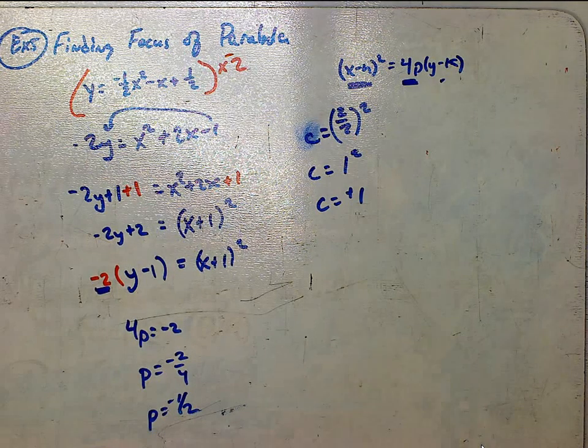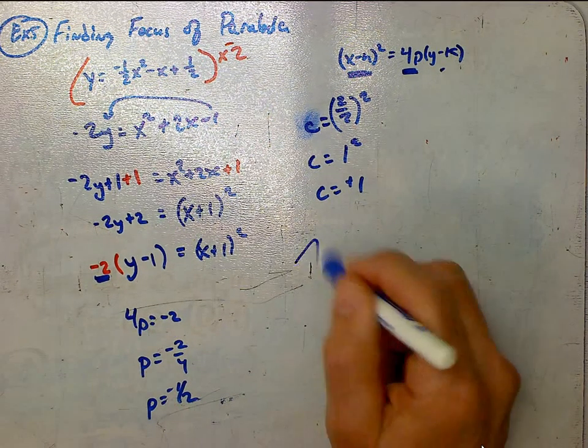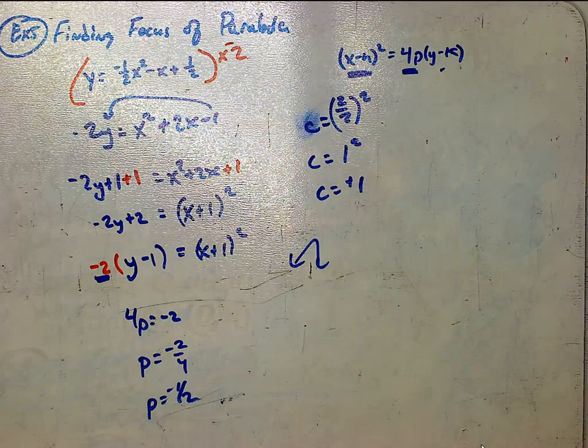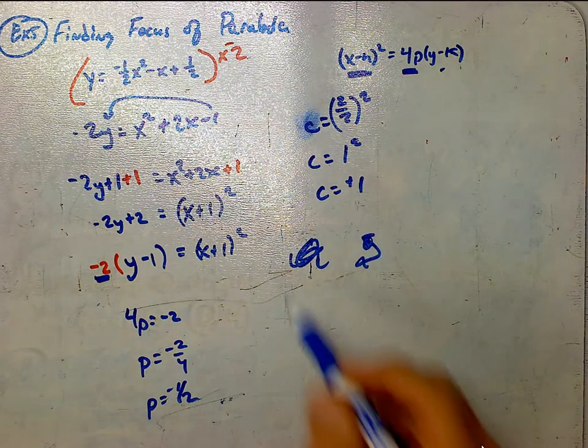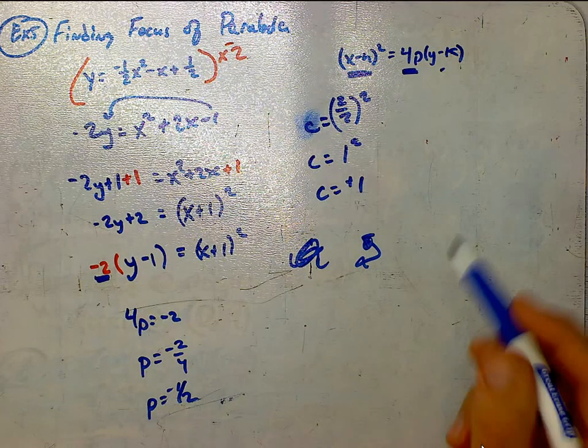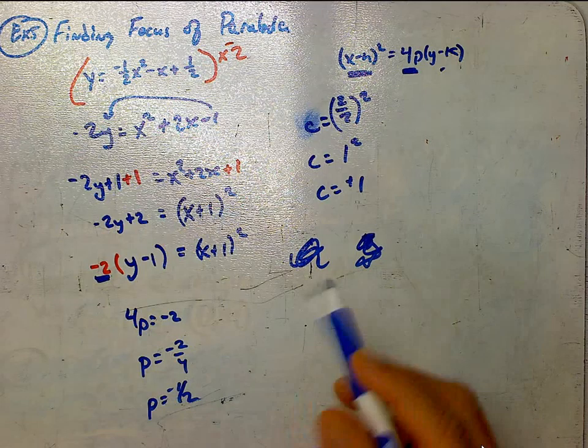Okay, so this tells me how far the focus is from the vertex. It's -1/2 units, so it's going to open down, since it's x squared and p is negative.